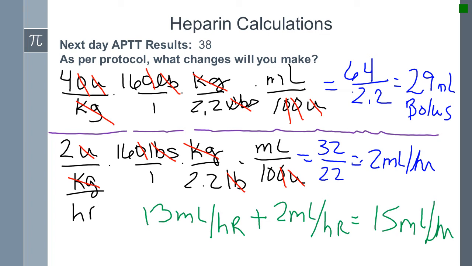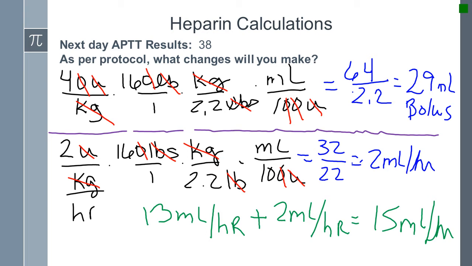So when we do our 40 units per kilogram, our patient is still 160 pounds. A kilogram is still 2.2 pounds. We still have 100 units per milliliter.